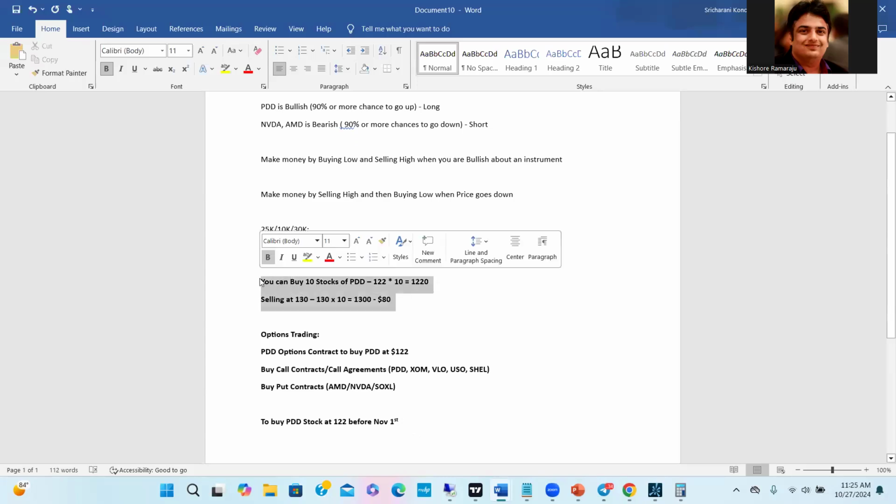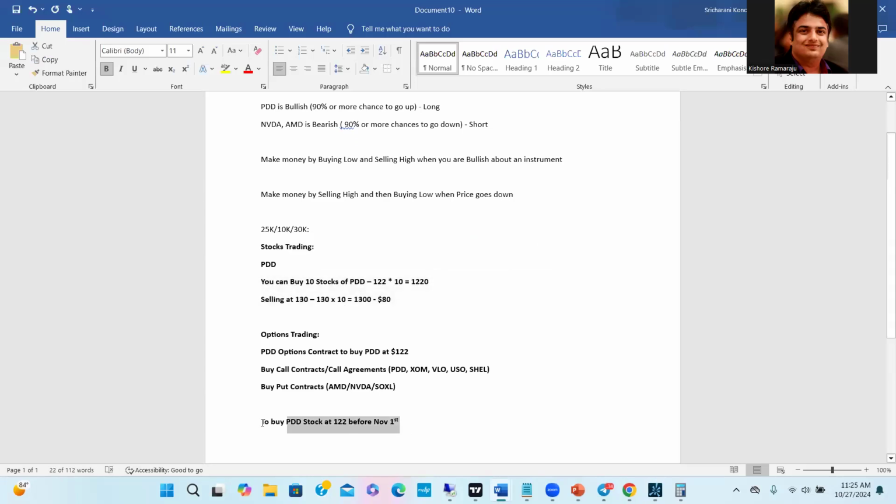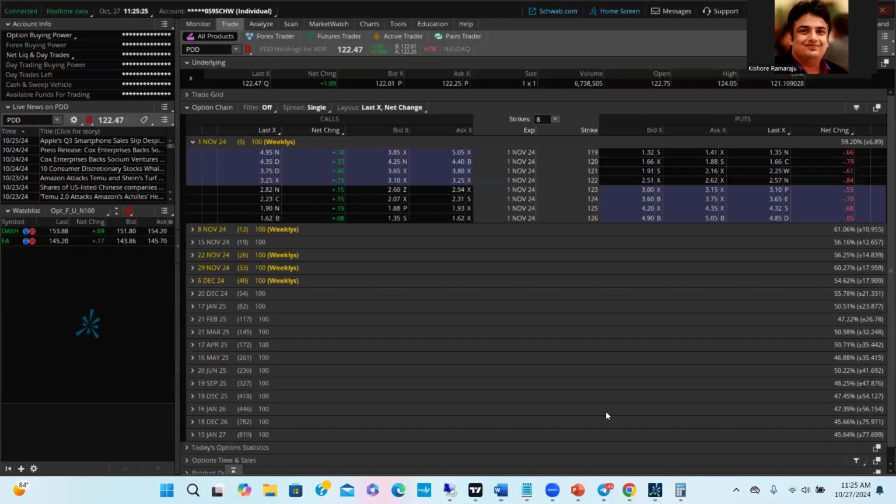You don't have a lot of money now, but you are bullish about the stock. So instead of investing a lot of money, you want to invest in an option contract. You are getting into a contract asking him that I want to buy PDD stock at $122 price, right? This is where you will see what is the strike price. $122. This is the premium. I am ready to pay you this, maybe somewhere in between.